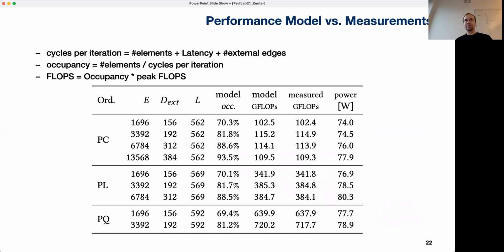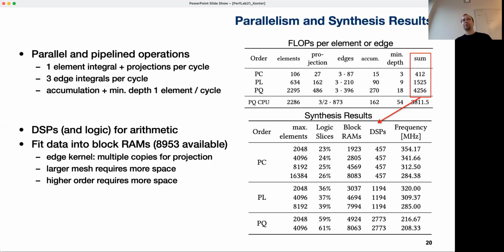I emphasize the DSPs and the block RAM because they yield this predictable performance in the end, and all the arithmetic ends up on the DSPs. But you see that for the piecewise quadratic design, also a quite high number of logic slices are occupied. But from my perspective, they are infrastructure here.